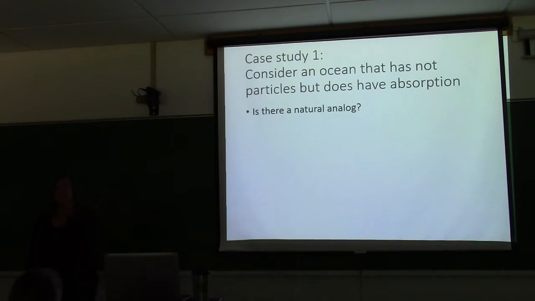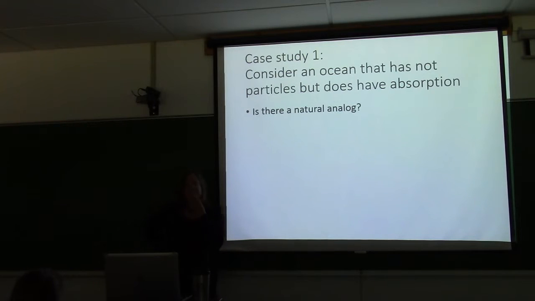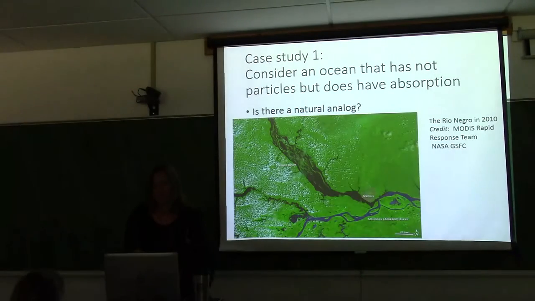What absorbs blue light? Does anyone know yet? What'd you say? You said phytoplankton, right? Yes, they do. They do absorb, but they also scatter, so we have to rule them out. CDOM, colored dissolved organic matter. Dissolved, doesn't scatter, but absorbs blue light really efficiently. And so, in fact, that is a good analog.